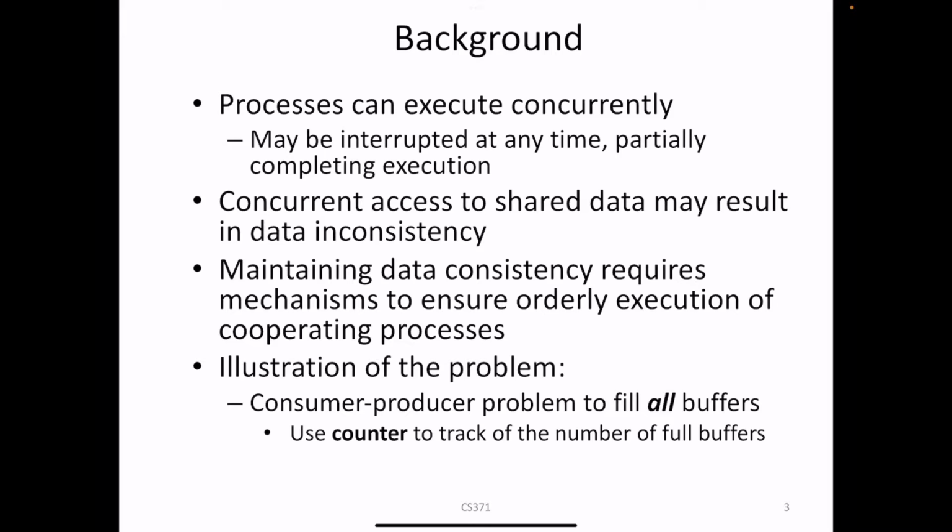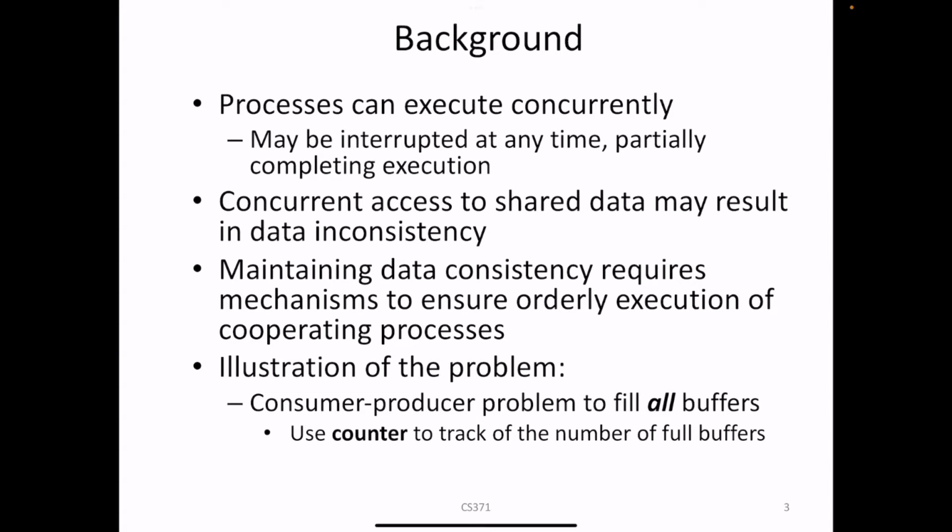Definitely we need to avoid this problem. To maintain data consistency, we need a mechanism to ensure the orderly execution of cooperating processes, which means that processes sharing the same data must be executed cooperatively, in order to avoid the data inconsistency problem.